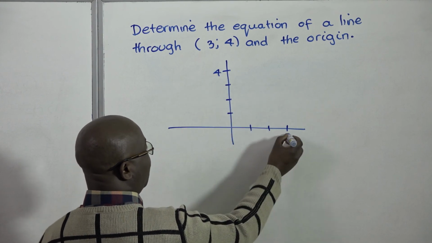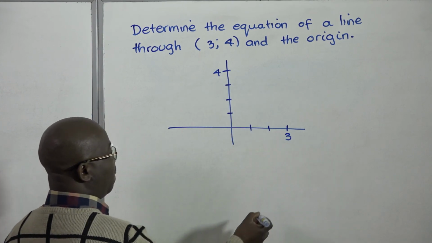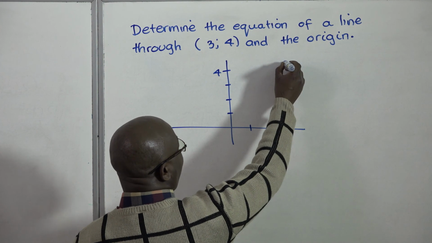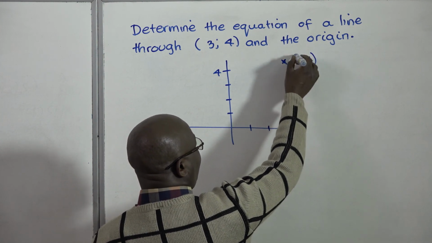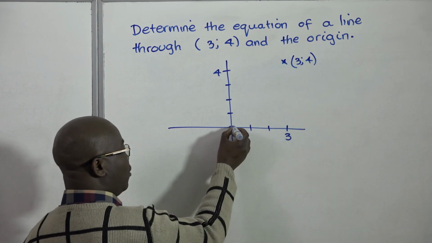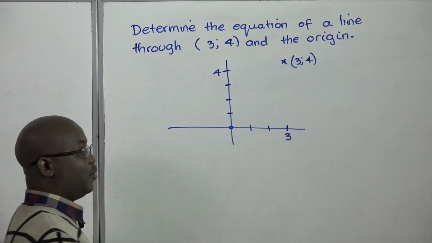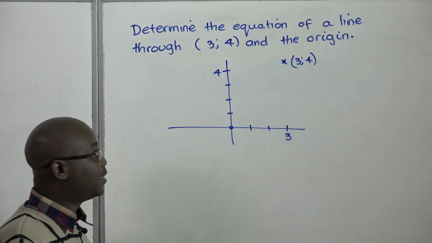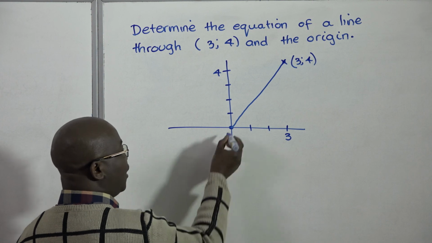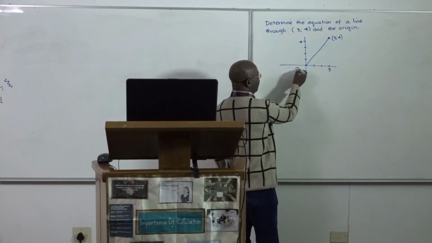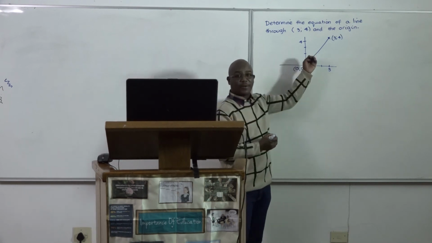So that will be our 4, that will be our 3, and therefore the point 3, 4 will be that one. And this line will cross the origin, which is where those two number lines meet. And therefore, I will draw my straight line, and we know that the origin, the coordinates is 0, 0.